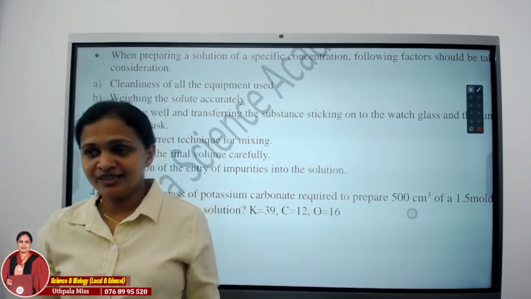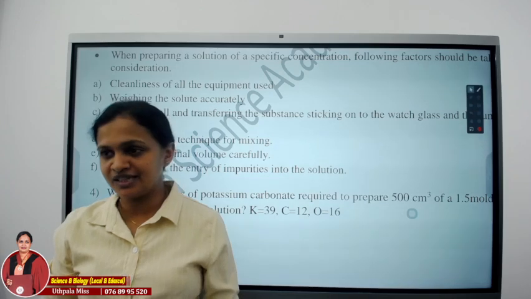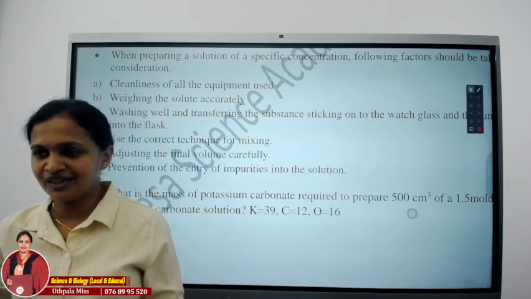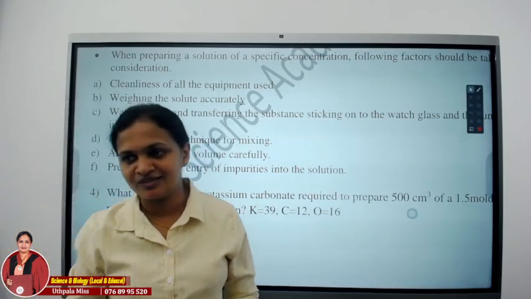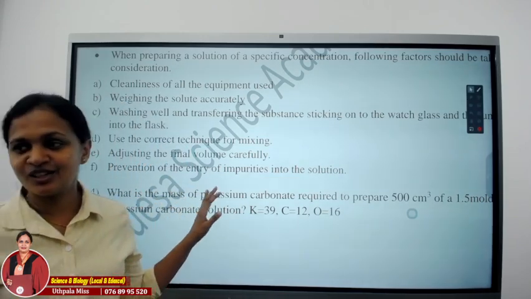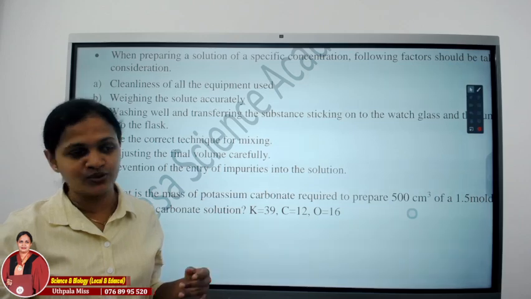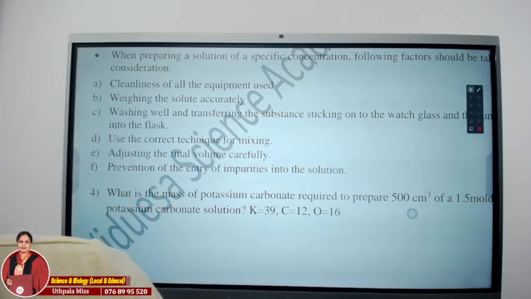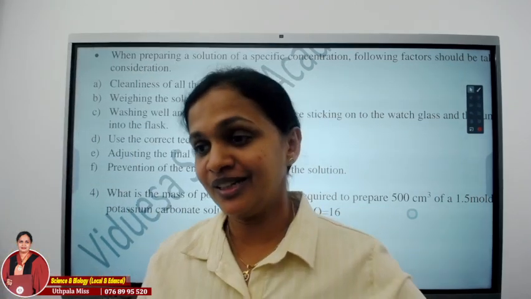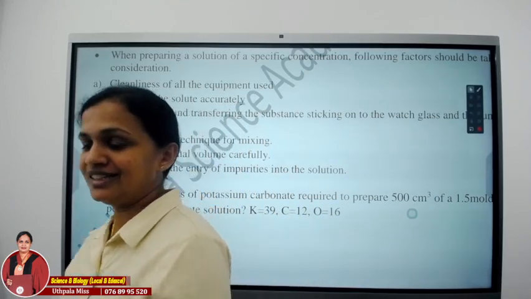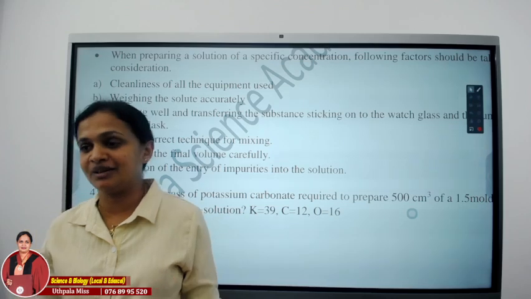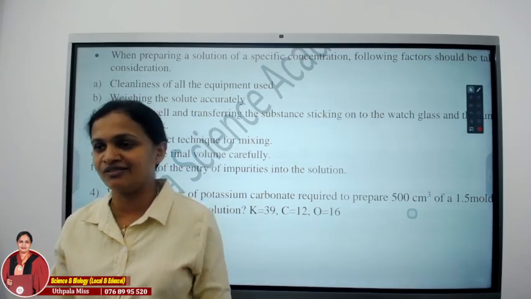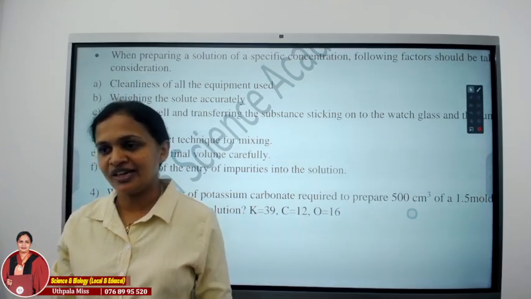So what are the factors to be considered when we are preparing a standard solution? Cleanliness of all the equipment used, right? If there were certain other contaminations from other chemical substances, the concentration will be totally changed.